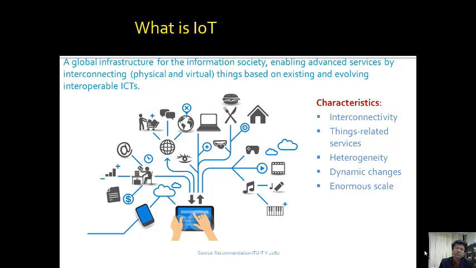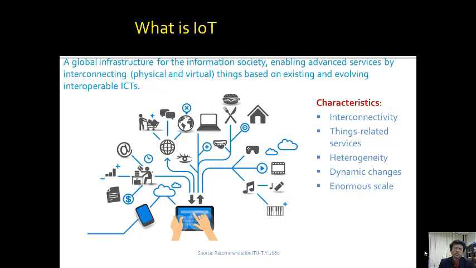The IoT is capable of providing things related services within the constraints of things, both technologies in the physical world and the information world.